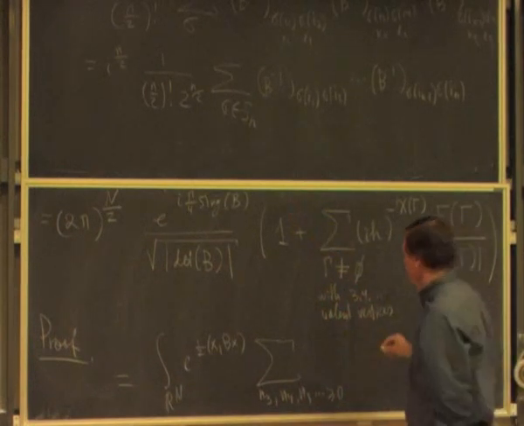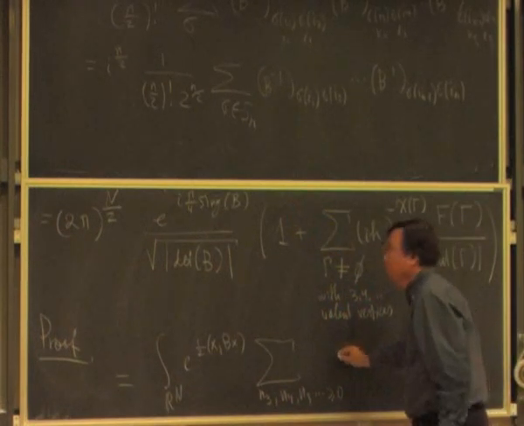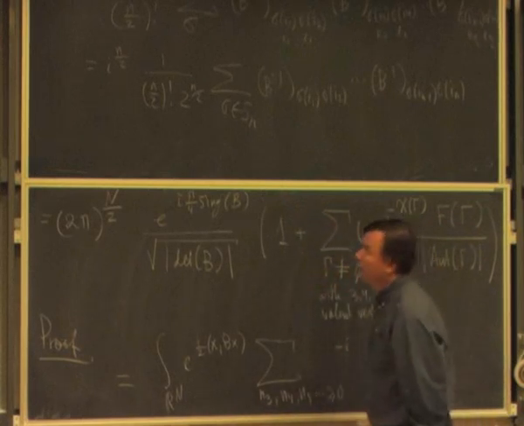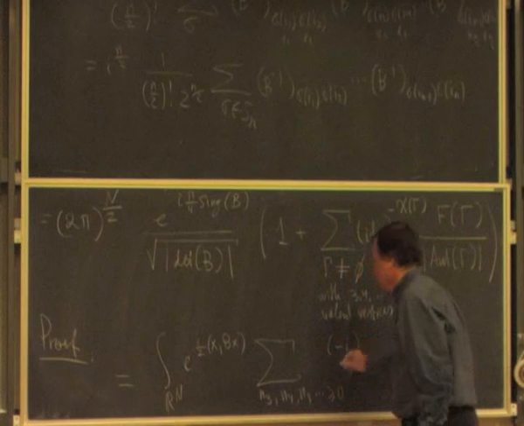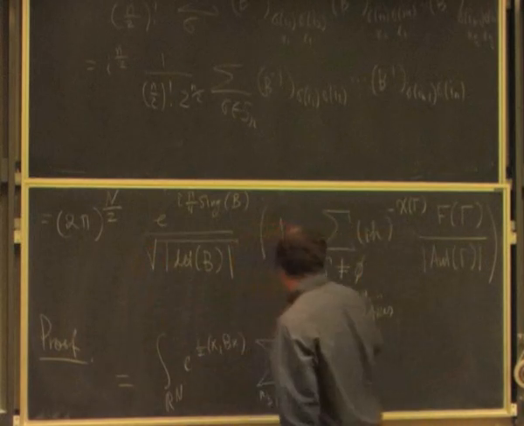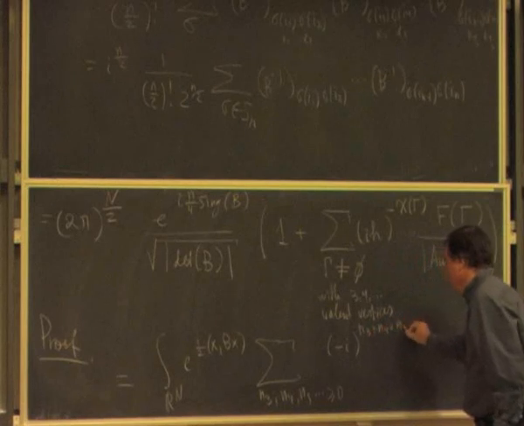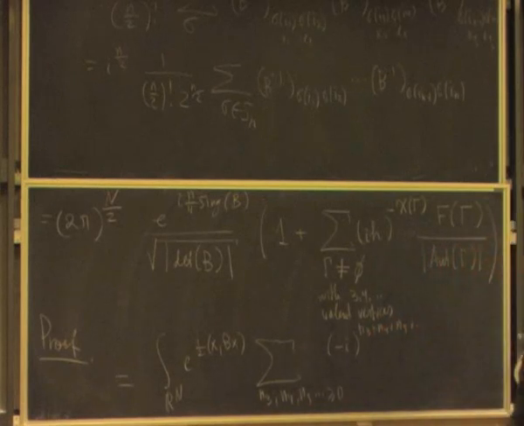Then from each expansion, I will have minus i to the power n3 plus n4 plus n5 plus and so on.